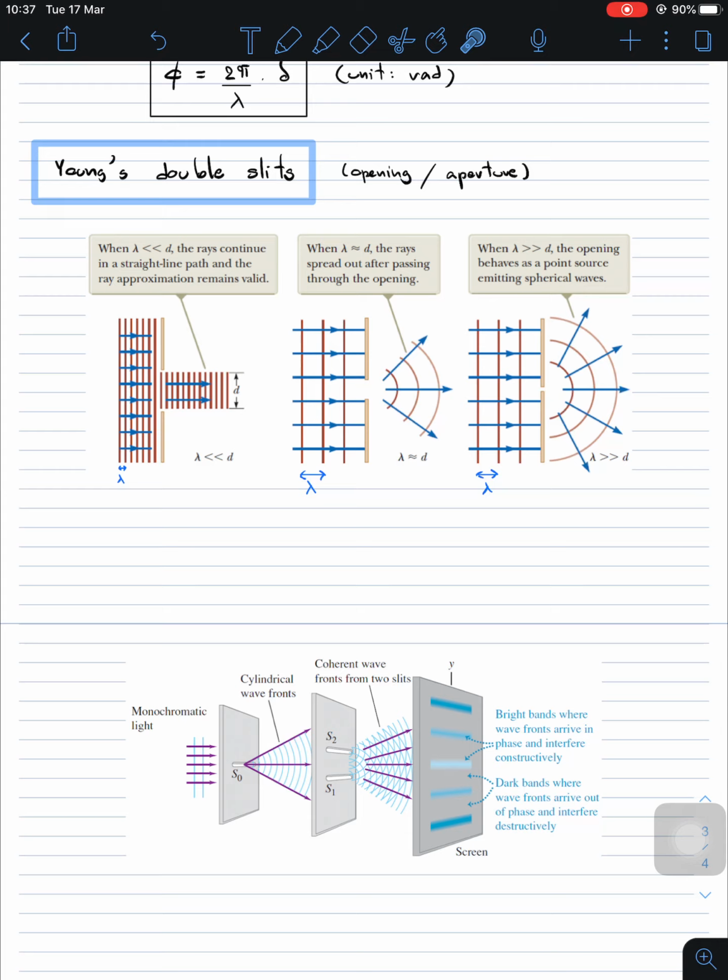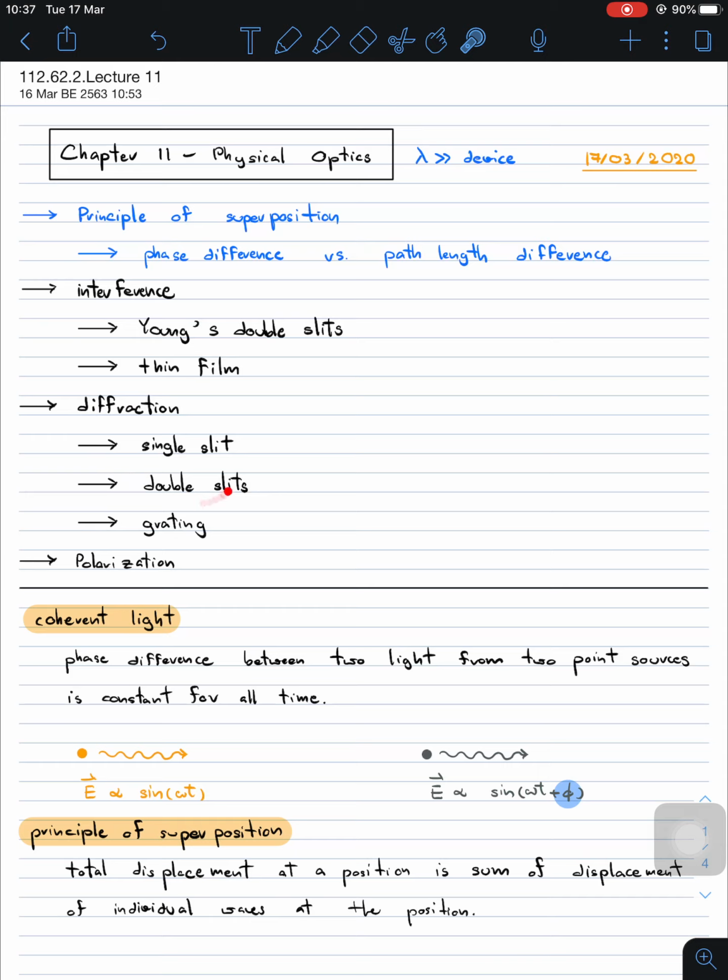But later we talk about the diffraction by double slit, where the wavelength can be about the same size or less than the size of the slit. We'll talk about this one later because we need to take into account the diffraction of the wave as well. But for now, we just think of the slit as the point source, so we can consider only the interference of the wave.